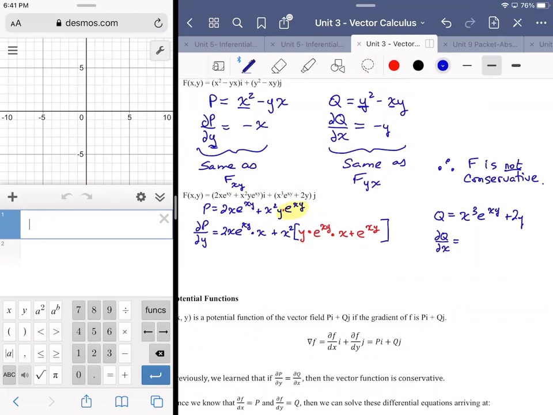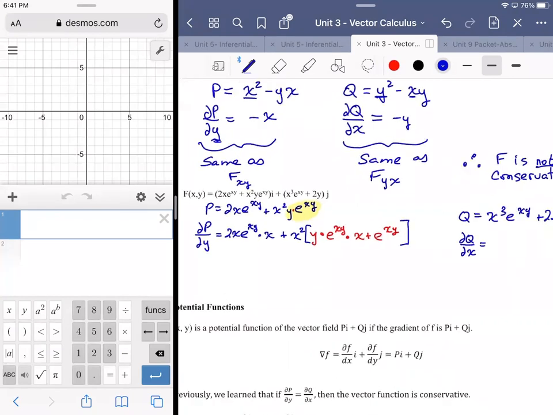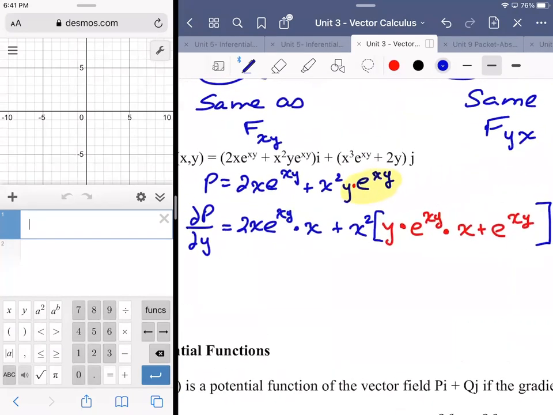The tendency is to say, well, let's clean it up by factoring out the e to the xy. We can factor it out of the whole thing, or we can just roll the dice and hope that Q works out the same way, to determine whether it's conservative. All right, because we have, like I said, a common e to the xy, I can pull that out.